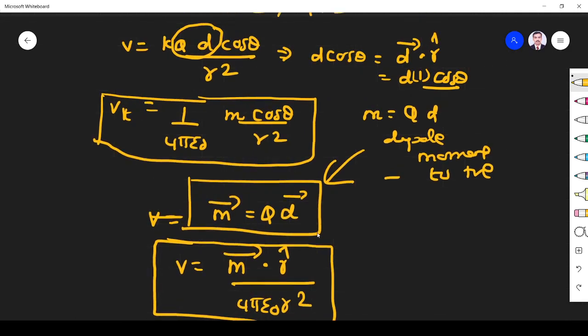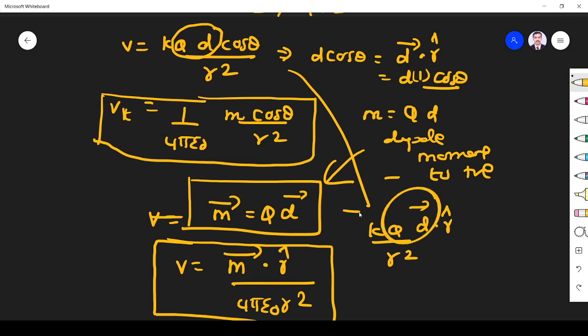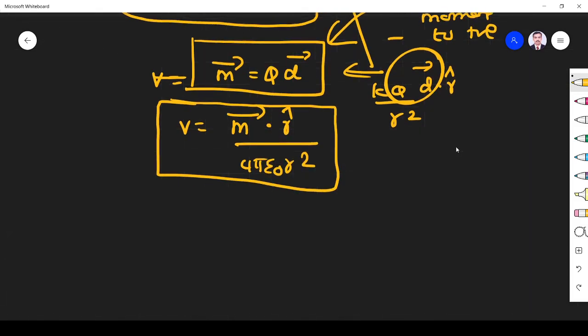See here, what I did: K Q by R square, instead of D cos theta, substitute D dot R vector. So Q D vector is M vector. That's what we did. So K, which is 1 by 4 pi epsilon naught, M vector dot R vector. This is the potential due to dipole.